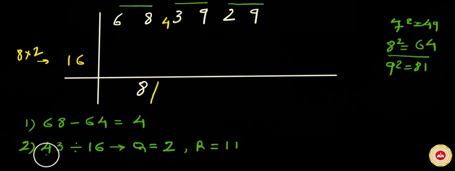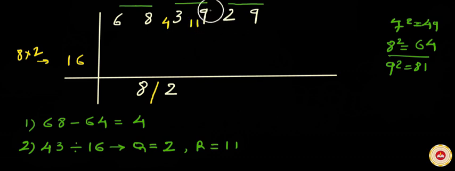Okay, because 43 minus 32 is 11. Now write quotient 2 in the quotient area below 43 and remainder 11 as a prefix to next digit, which is 9, and read this as 119, which is our gross dividend.